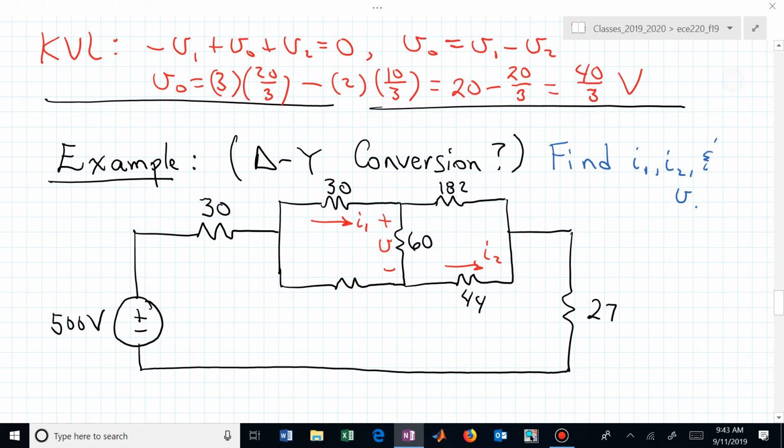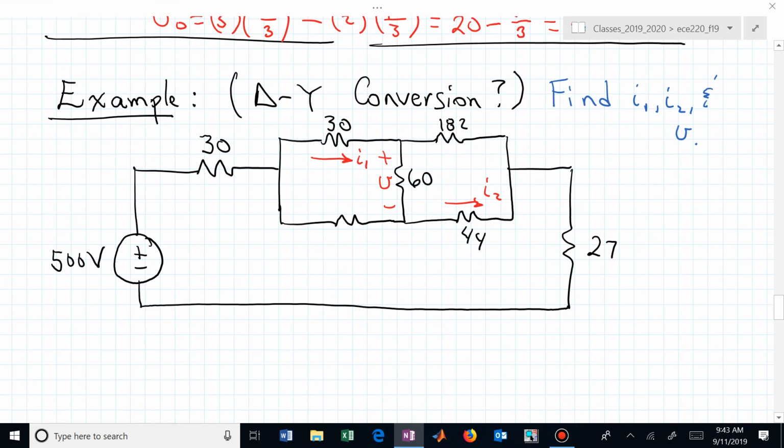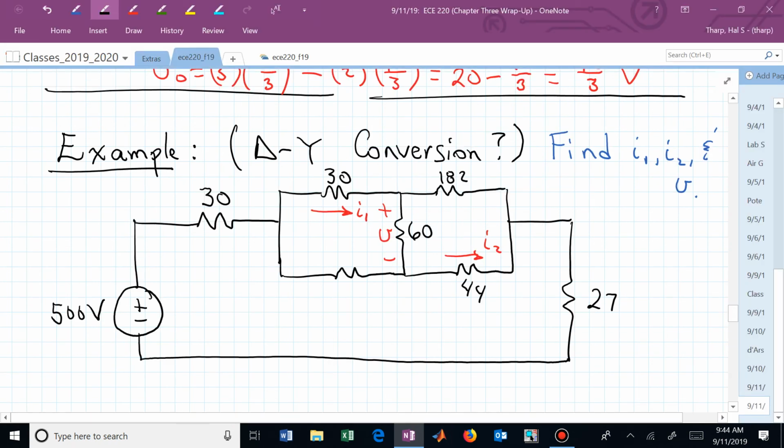So now, let's look at this one. Suppose we now want to find 3 variables, I1, I2, and V. Oh, and I need to give you the last. I just assume that everyone here is just so dedicated that they probably print this out the night before.